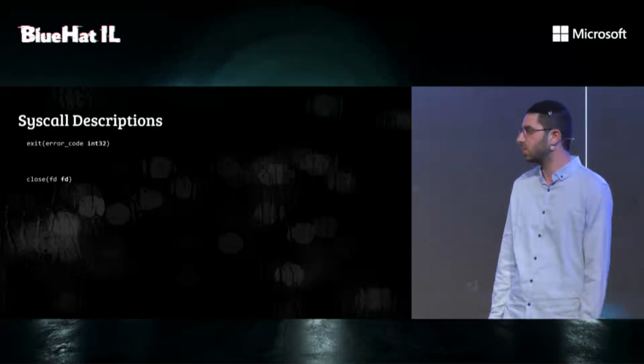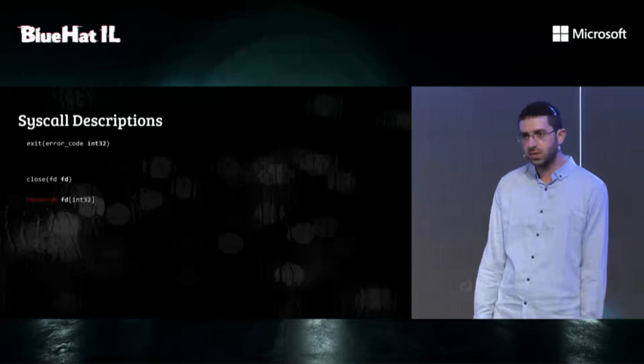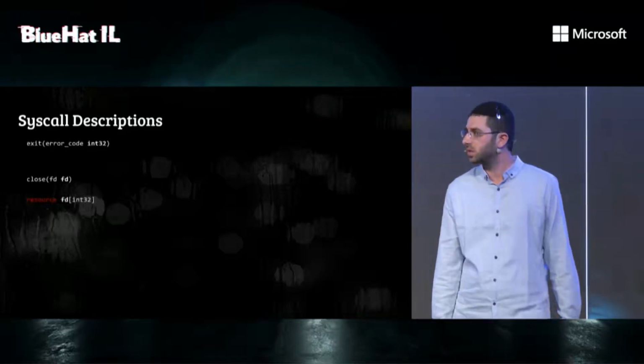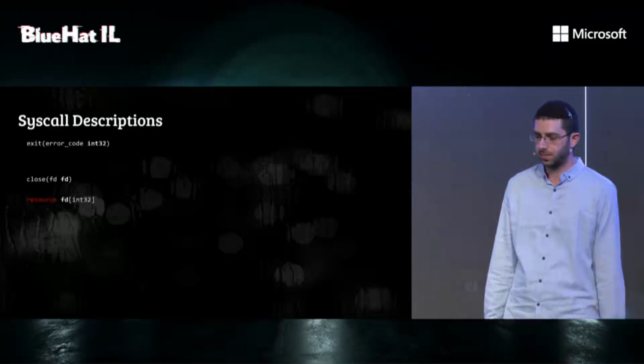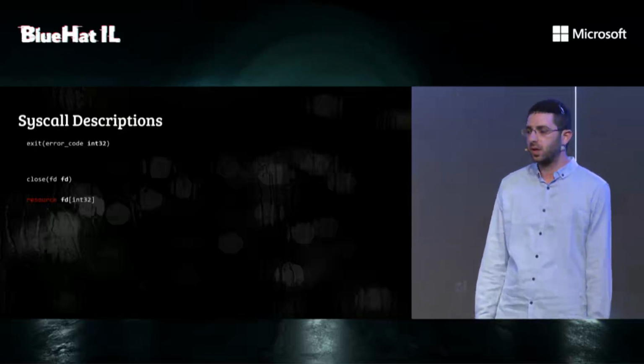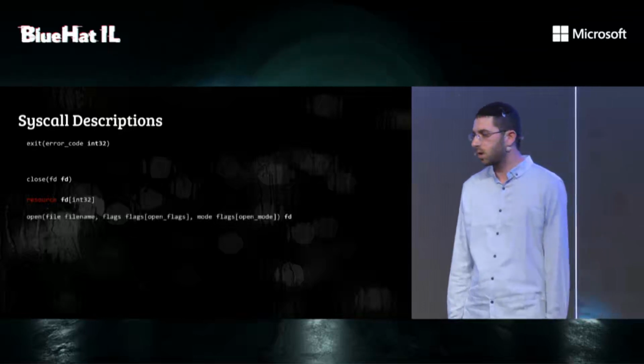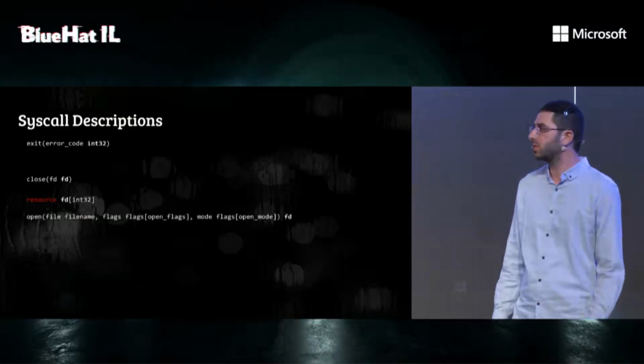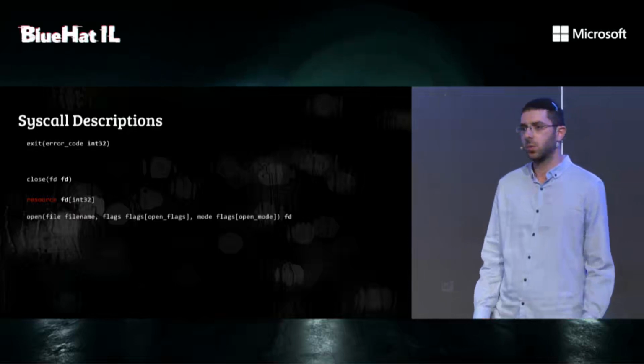That's why Syzkaller has the concept of a resource, which is a type that it cannot generate by itself, but it has to use other syscalls to obtain it. An example of a syscall that generates a file descriptor is the open syscall. Syzkaller also supports flags, structs, unions, and more.